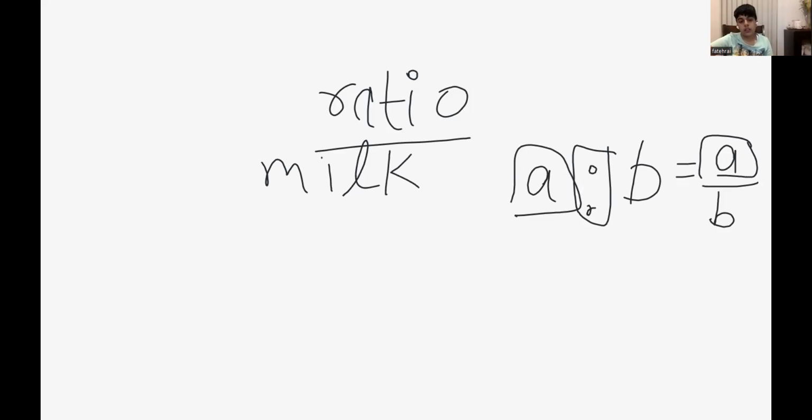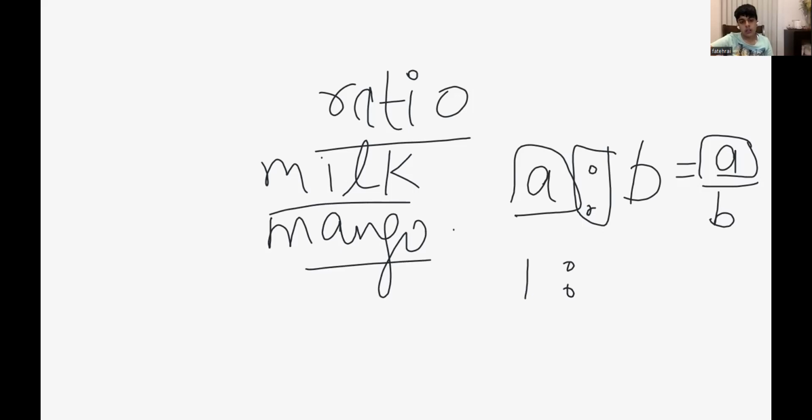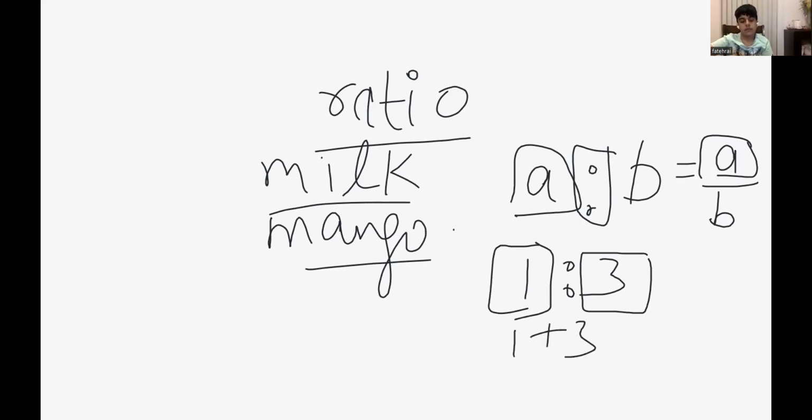If someone asks me how much quantity of milk and mango have you taken, I will say I have taken the milk and mango in the ratio of 1:3. 1:3 means if there are 3 parts of milk, then 1 part of mango will be there. So the total is 1 plus 3, 4, and out of this 4, 1 part is mango and 3 parts are milk. So this is the basic meaning of ratio.